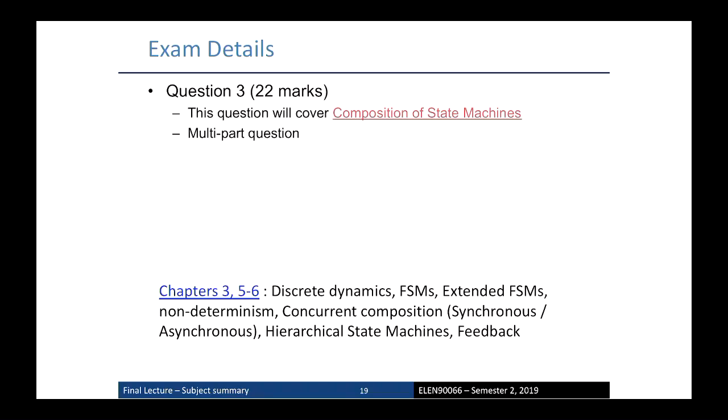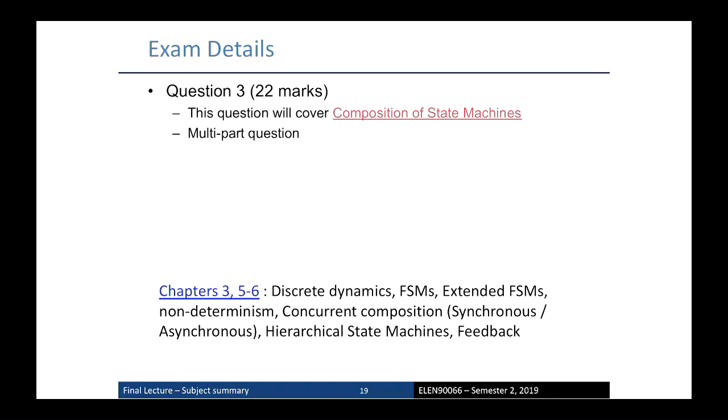Who doesn't love state machines? Seriously? Composition of state machines. Concurrent composition might mean hierarchical state machines, it might mean feedback. And feedback opens a can of worms as well. Well-formed, constructive, that sort of stuff.